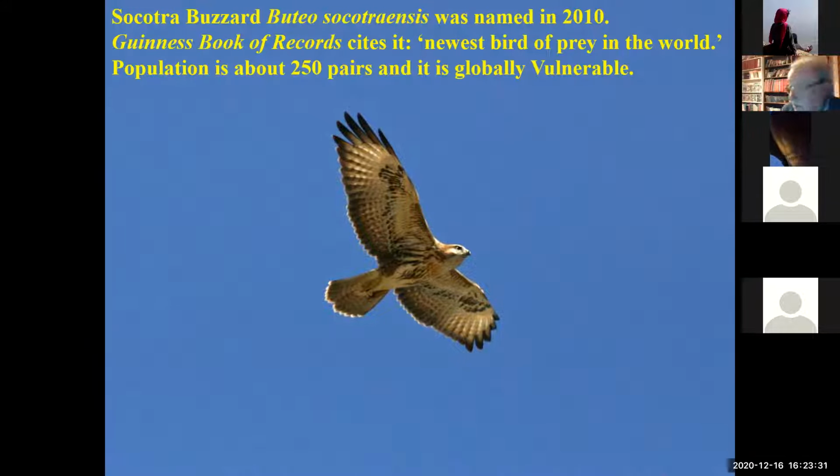And what interested me, as much as that, was sitting at home after a day out in the field and getting a phone call. And I said, oh, hello, who's that? Oh, it's the Guinness Book of Records. Oh, what do you want? Have you got a photograph, please, of the Socotra buzzard? I said, yes, why? Well, we've just been looking at your paper in the bulletin of the British Ornithological Club, the Bull BOC, and we'd like to include it in the Guinness Book of Records as the newest bird of prey in the world.